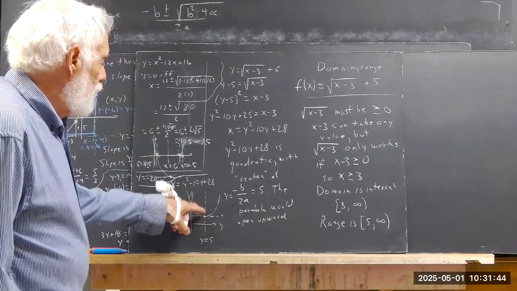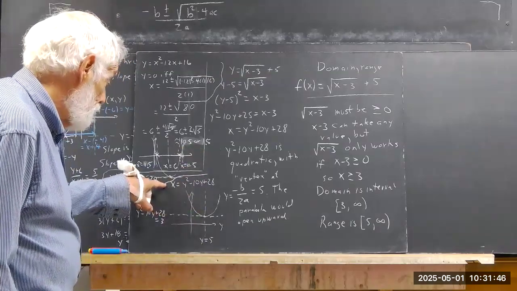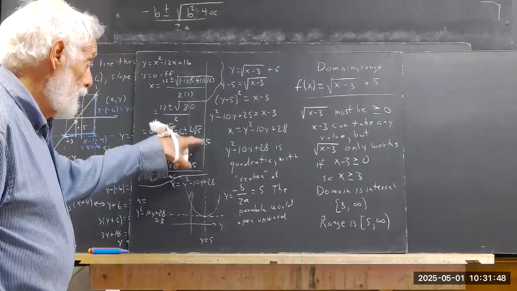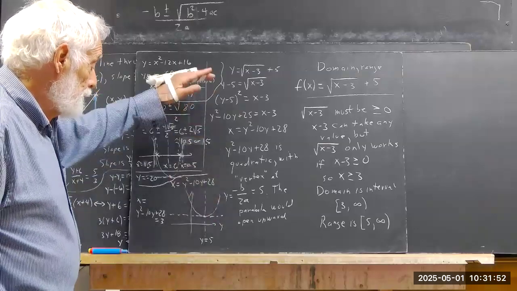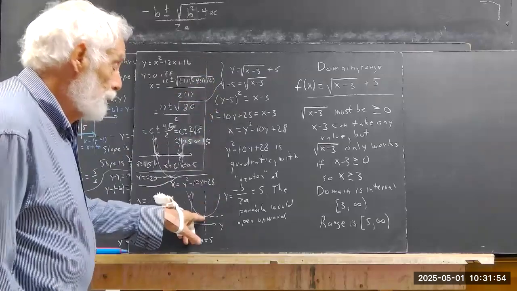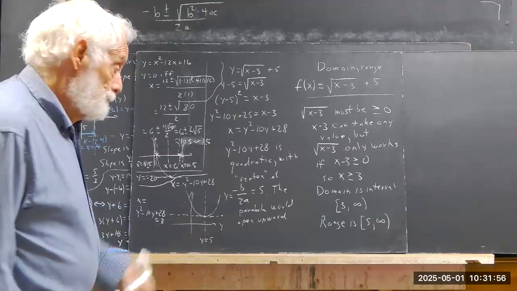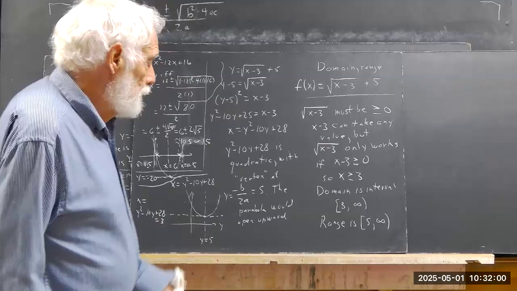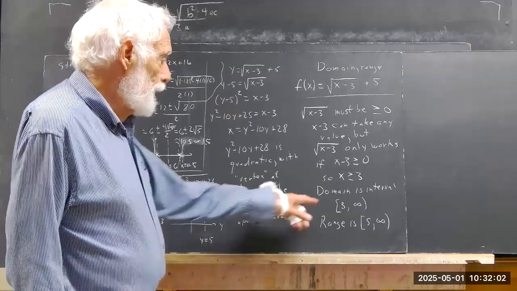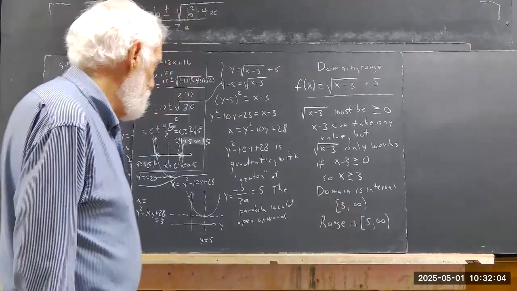And all the values we get for x are greater than or equal to 3, as the parabola rises above the vertex. And it includes the vertex. And from this, we could conclude that the range is 3 to infinity.